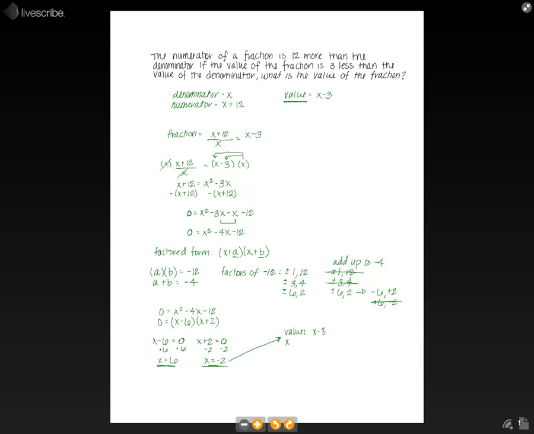So when x is equal to 6, the value is 6 minus 3, which is equal to 3. And when x is equal to negative 2, the value is negative 2 minus 3, which is equal to negative 5. So our answers are actually 3 and negative 5 for this problem.